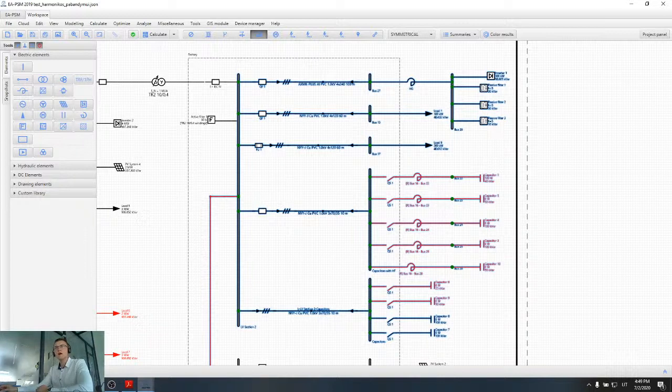And Marcelo is saying that IEC does not have any standard for arc flash calculations. You are right. For arc flash calculations we have IEEE standards, and NFPA provides requirements for personal protective equipment.